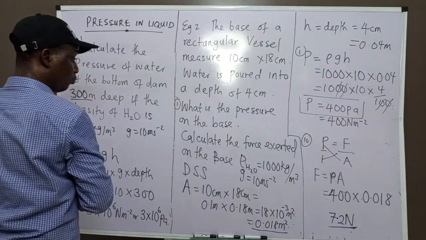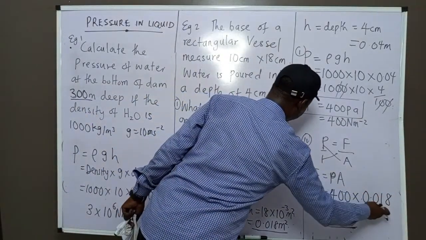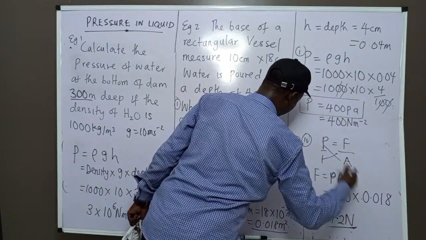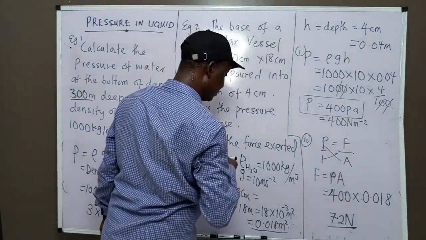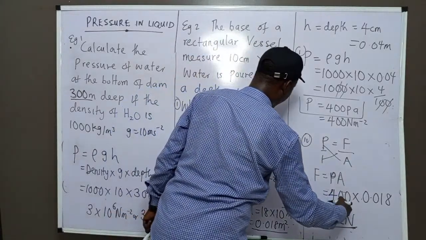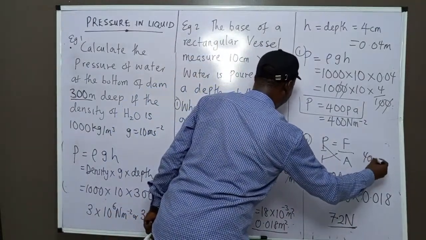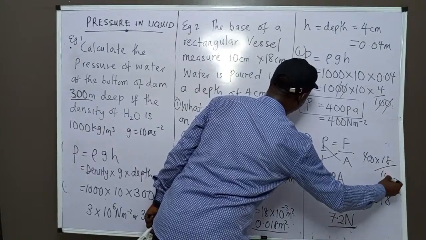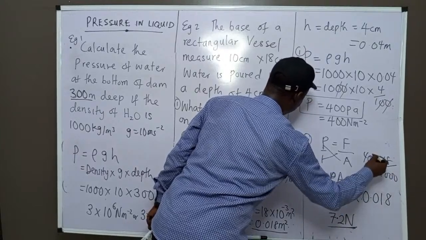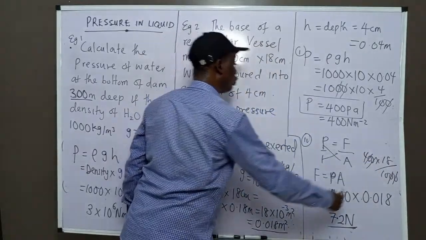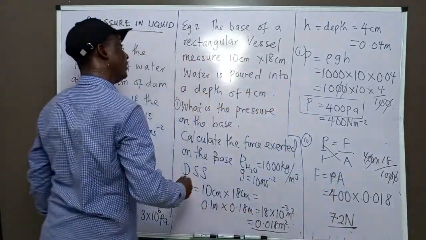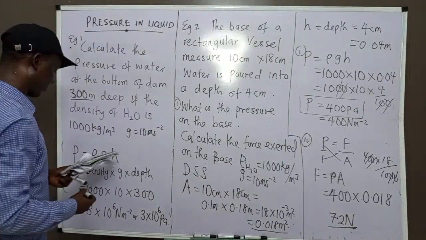That will be 7.2 because this one is 18 over 1,000. 18 times 4 is 72. Then 400 times 18 over 1,000: this we cancel this, this we cancel this. Then 4 times 18 is 72. 72 divided by 10 is 7.2. That will be your answer for that one.